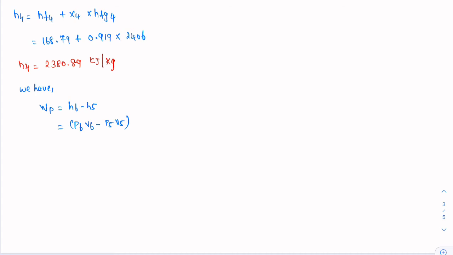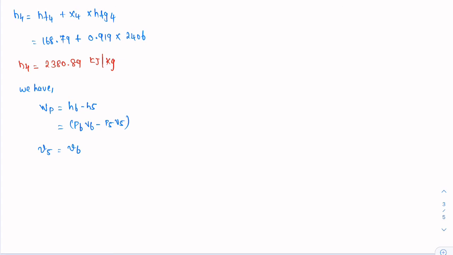The volume V5 will be equal to V6, since the fluid which we are using is water and the water is incompressible. Therefore, the volume remains more or less constant.